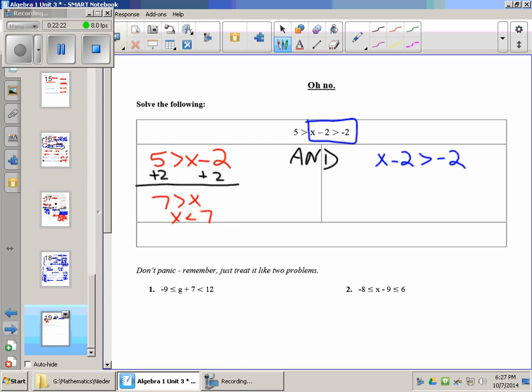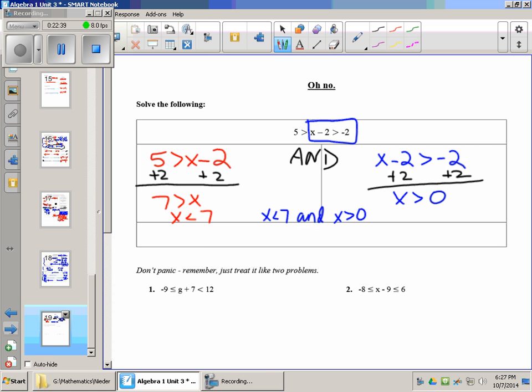They both have to be true. So now I just solve this one, and I add 2 to both sides. What do I get? I get x greater than 0. So my solution then is that x has to be less than 7 and x has to be greater than 0.